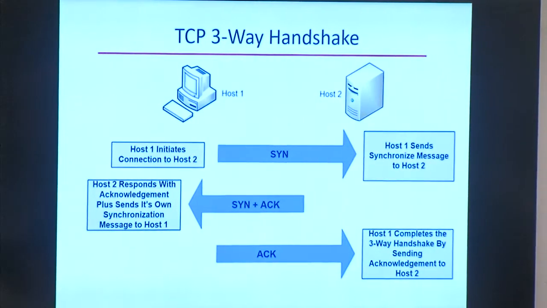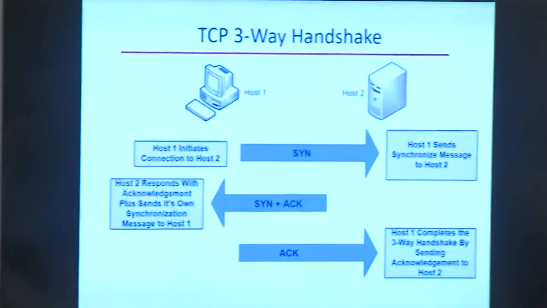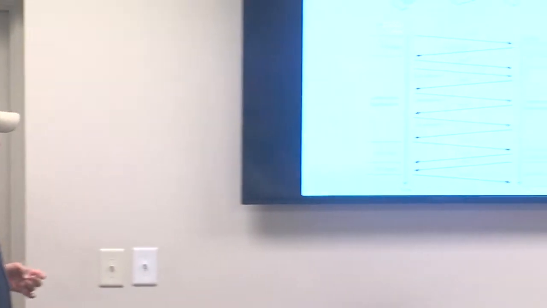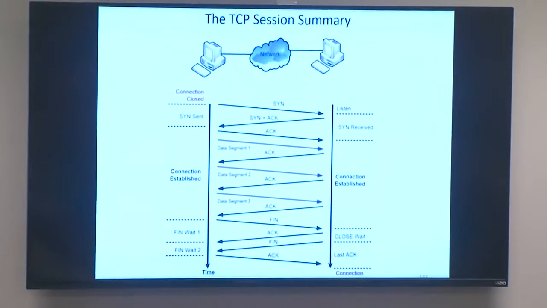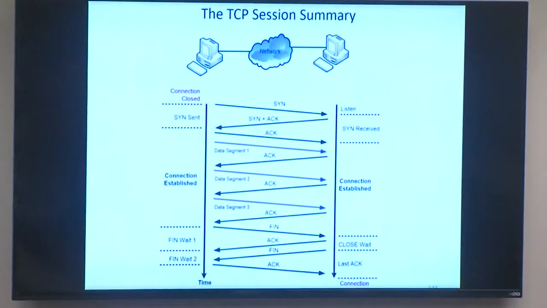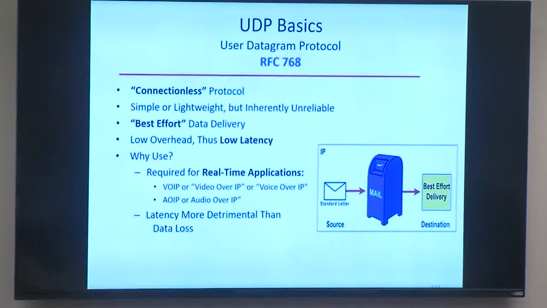If an acknowledgement does not occur in a certain time frame, then that information is resent again. And a ladder diagram is commonly used to illustrate that process of send and get an acknowledgement.